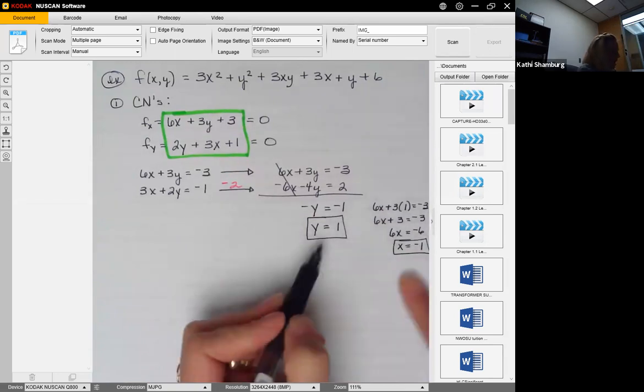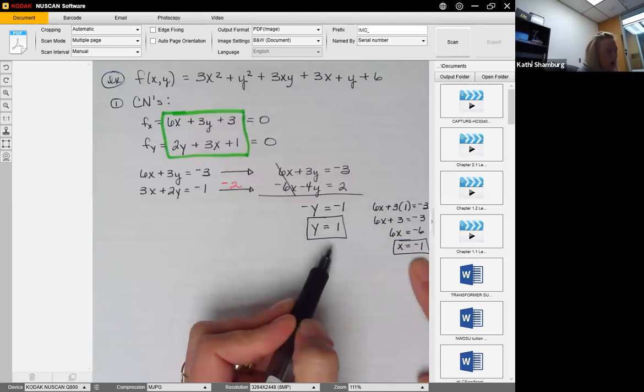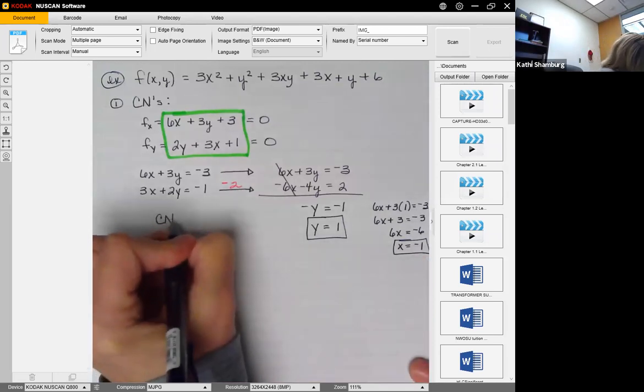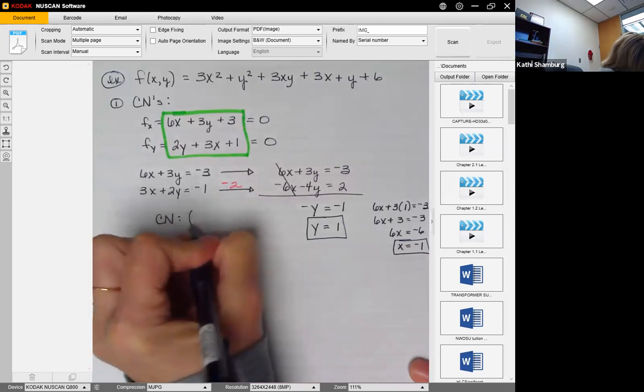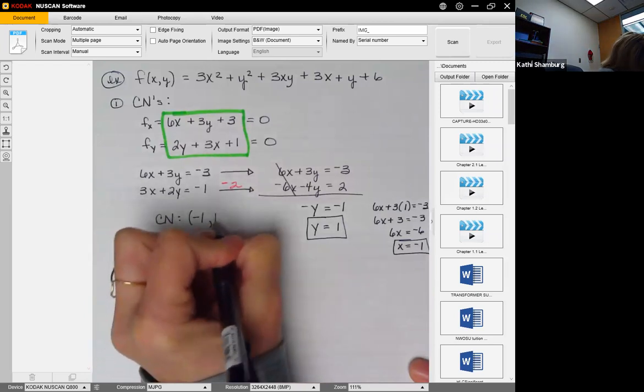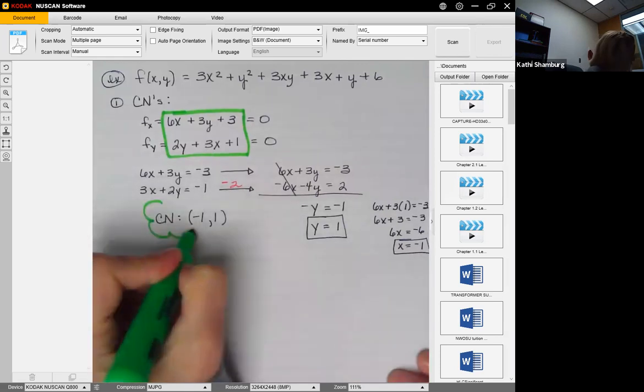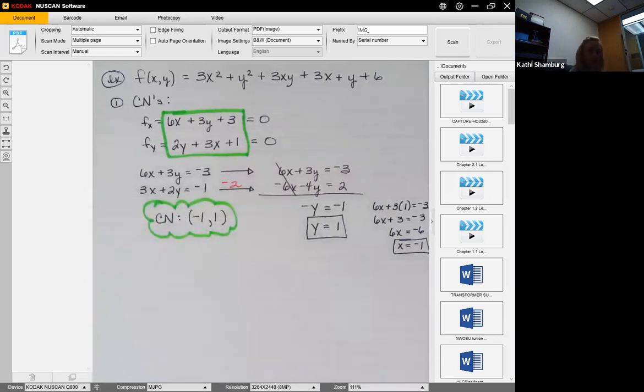All right, so now I have my x value and I have my y value. So we have found our critical number, and that critical number is the x coordinate and the y coordinate. So here's my critical number.